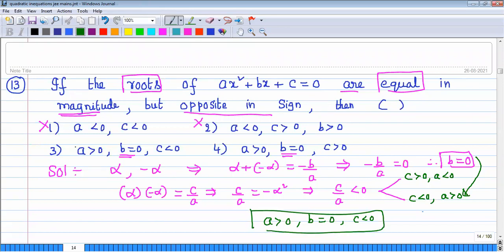Because a greater than 0, c less than 0 means a into c is negative, and b is equal to 0 is already confirmed. So the third option is the right option. Fourth will be eliminated. Right, very simple.